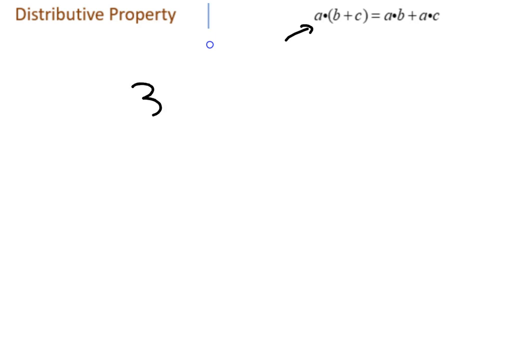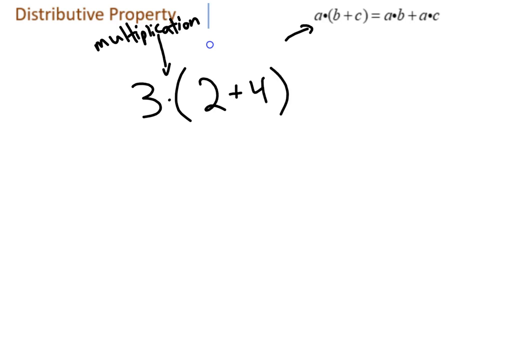So for example, if I had 3 on the outside times, if there's no symbol between parentheses, that means it's multiplication. So 3 times, let's say 2 plus 4, we'll say.